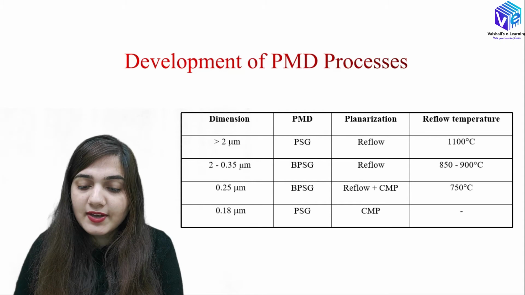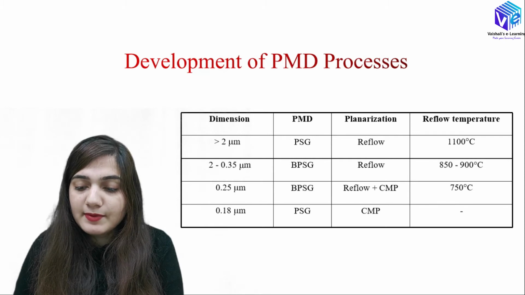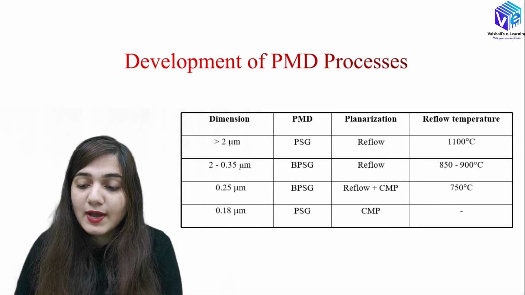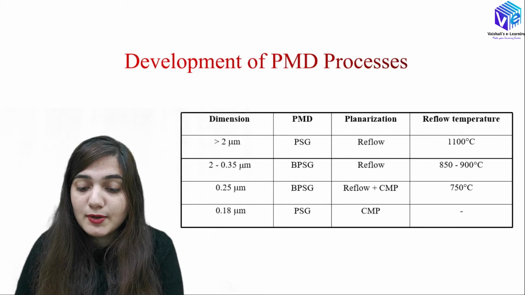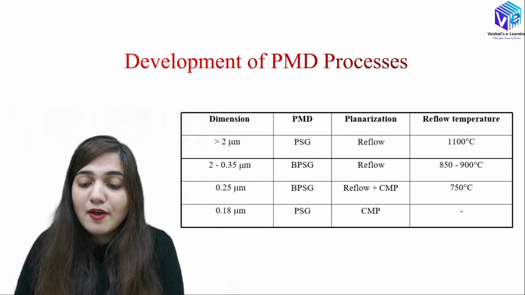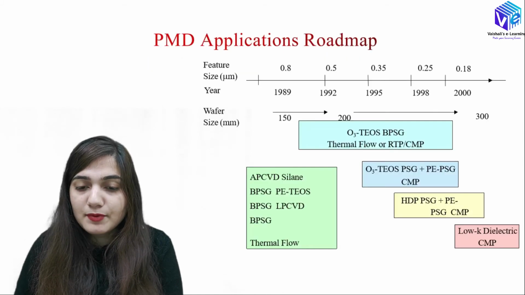For the dimension 0.25 micrometer, again I use borophosphosilicate glass for the PMD, and for planarization I use reflow as well as chemical mechanical polishing at 750 degrees Celsius. For the dimension 0.18 micrometer, I use phosphosilicate glass, and for planarization I use the CMP process.